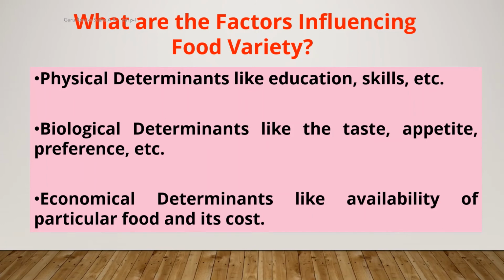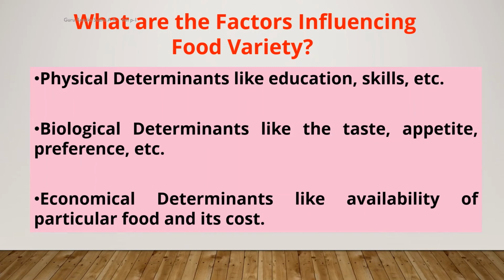Yes, we see different varieties of food in our daily life because it depends on the person. If a person is educated and very skillful in his lifestyle, then the variety of food he eats also differs. Also, some people like very sweet items, some like spicy items, some like sour items.